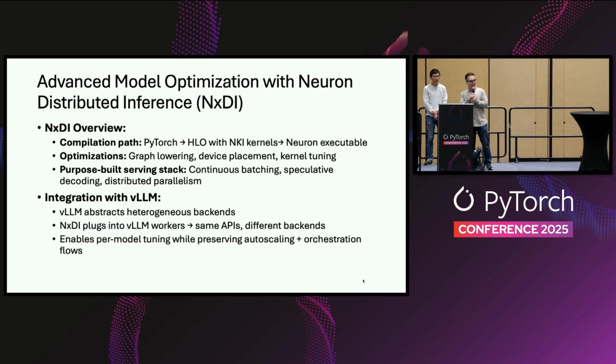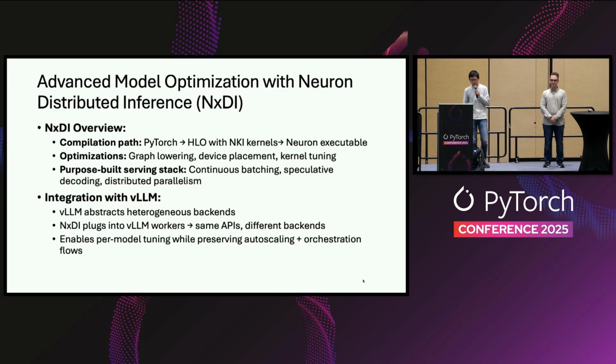Now I'm going to pass it over to Liangfu to talk about advanced configuration. Liangfu. Yeah, thanks, Yahav, for the explanations. So far we've been explaining how to shift the traffic and do the fleet-level orchestration. Let's look into how we can optimize a PyTorch model and run it on Neuron.